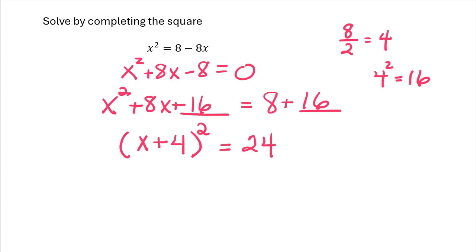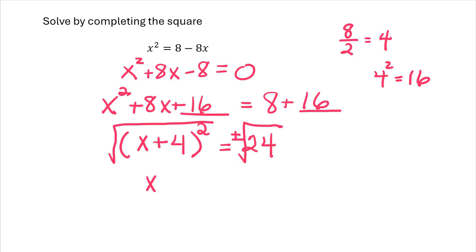We can take the square root on both sides of the equation. We'll take the square root over here, and we will take the square root over here, remembering that when you take the square root, you have to put plus or minus. The left side, when you take the square root of a perfect square, the square root and the square cancel out.